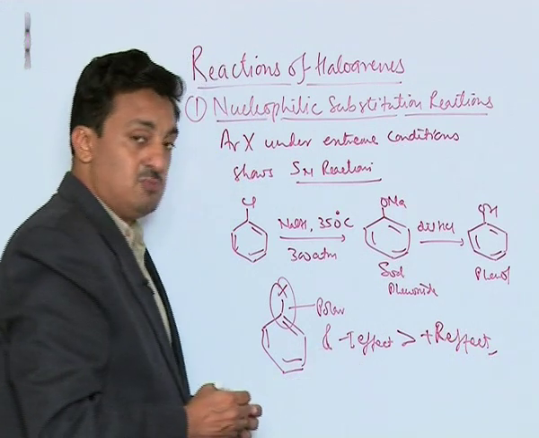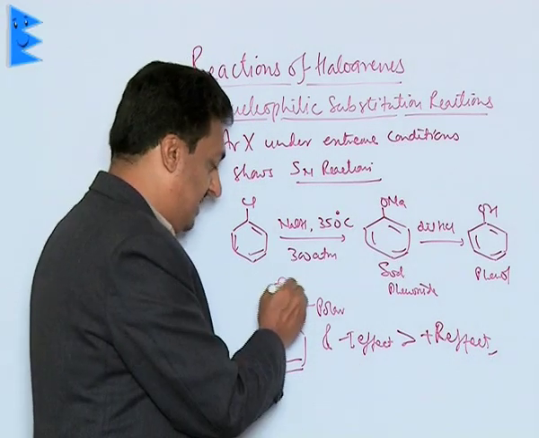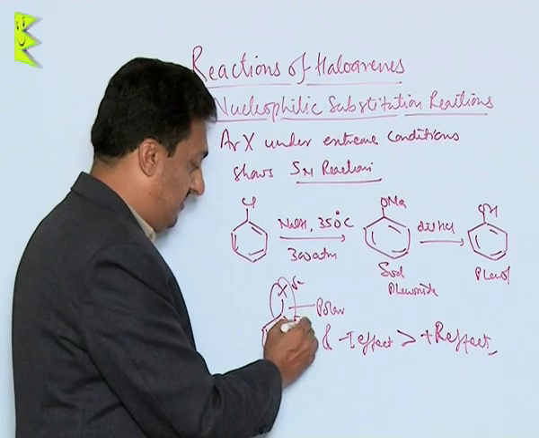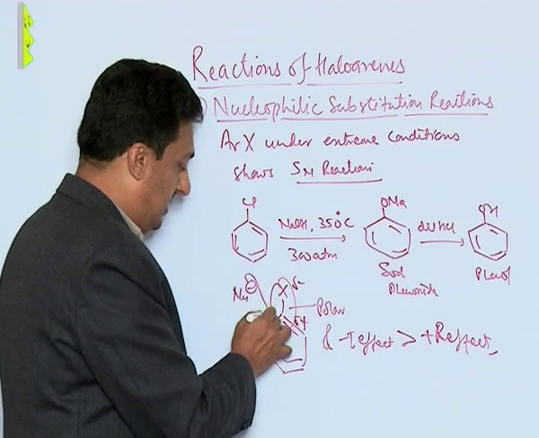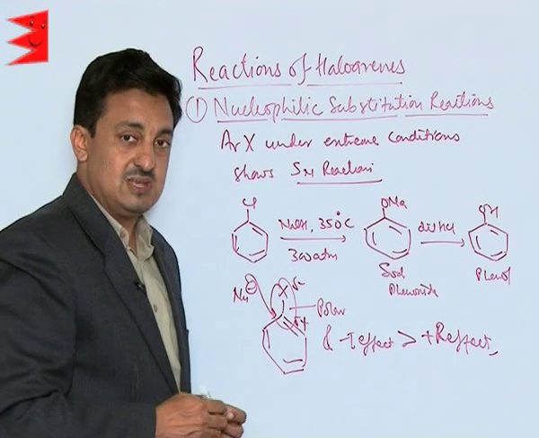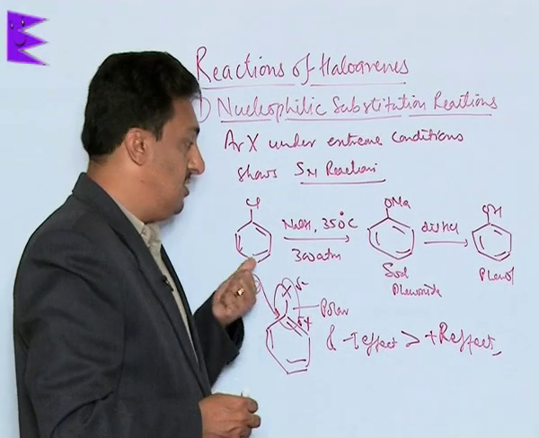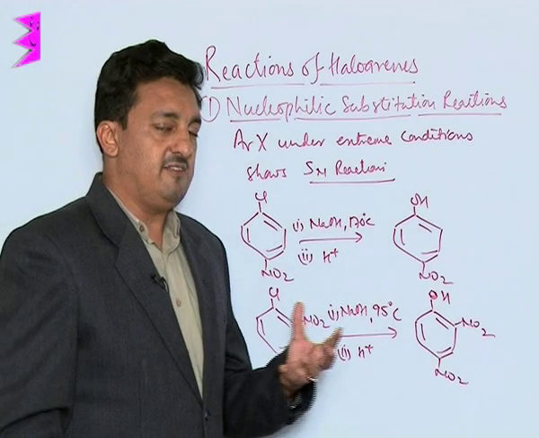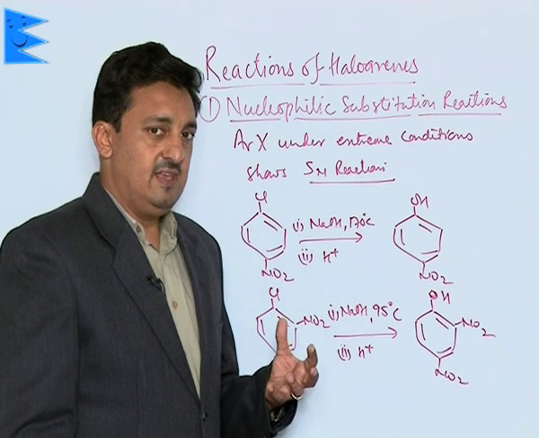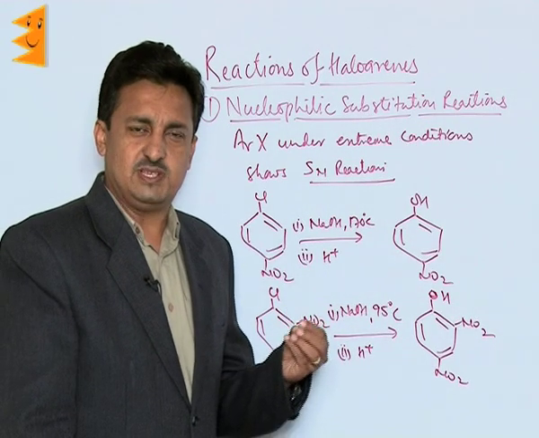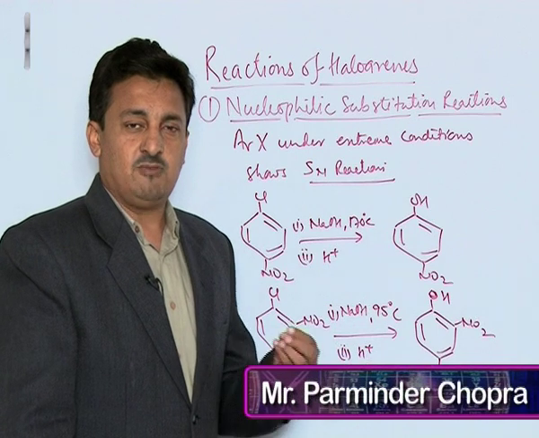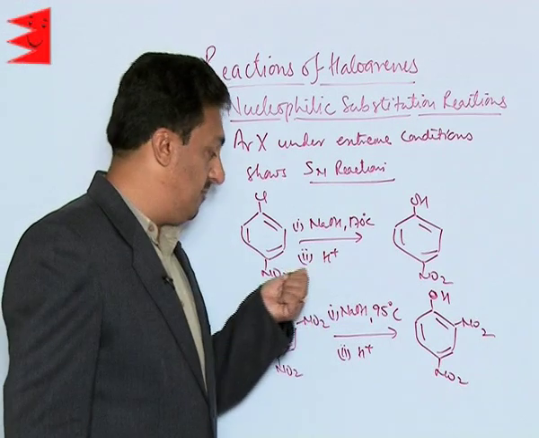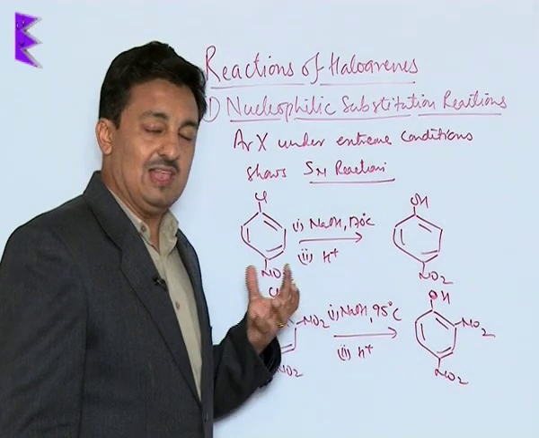So the polarity is still very strong, and that is why under extreme conditions the nucleophile is able to attack this electron deficient carbon. That's the most important thing to note. Again, a very interesting thing to notice is that the conditions for nucleophilic substitution become much easier the moment we have electron withdrawing groups like the nitro group at ortho and para positions on the aryl halides.